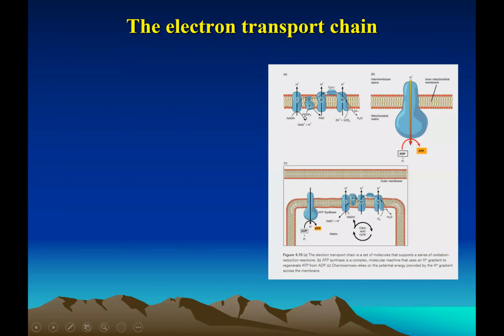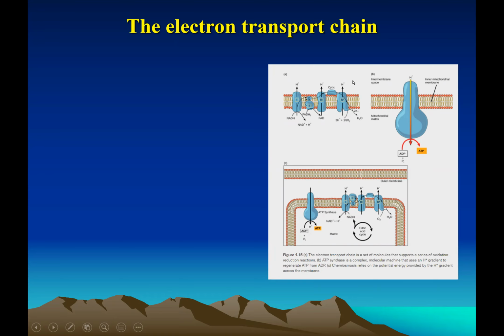NAD and FAD are going to come and drop off their electrons here. Electrons are going to be shuttled from one protein to the other. So it's like a conveyor belt of electrons. As NAD and FAD drop off the electrons, they are going to move through the chain.